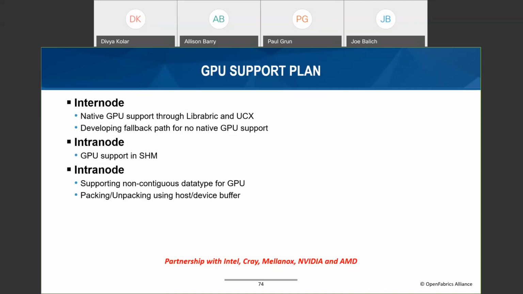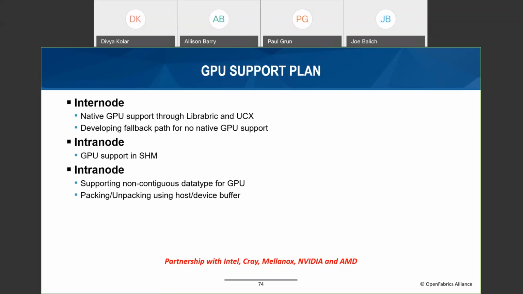And on the intranode side, what we implement is the GPU path in the shared memory model, in the shared memory module. It will try to use the native IPC interface if possible, and otherwise it will fall back to just transmitting the GPU buffer information inside the shared memory communication part.